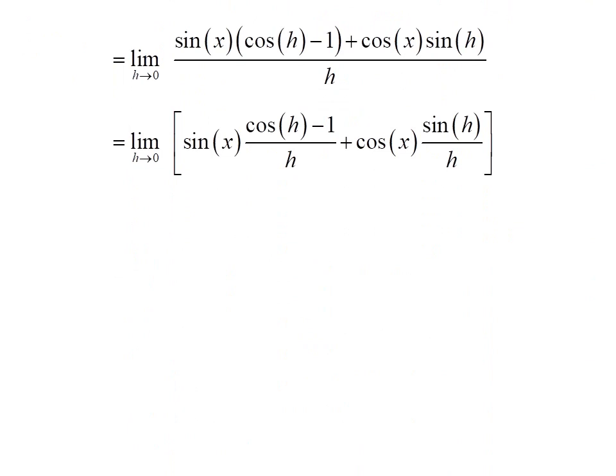Here we recognize two limits that we've seen earlier in the course: the limit as h goes to 0 of cosine h minus 1 over h, and the limit as h goes to 0 of sine h over h.